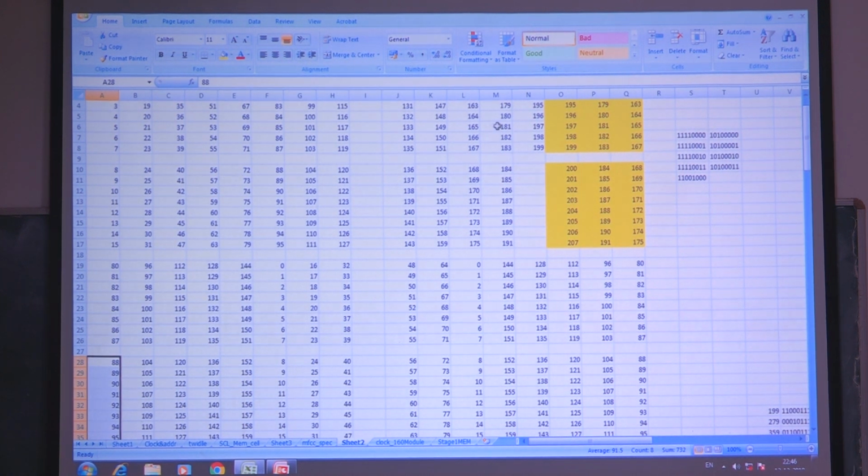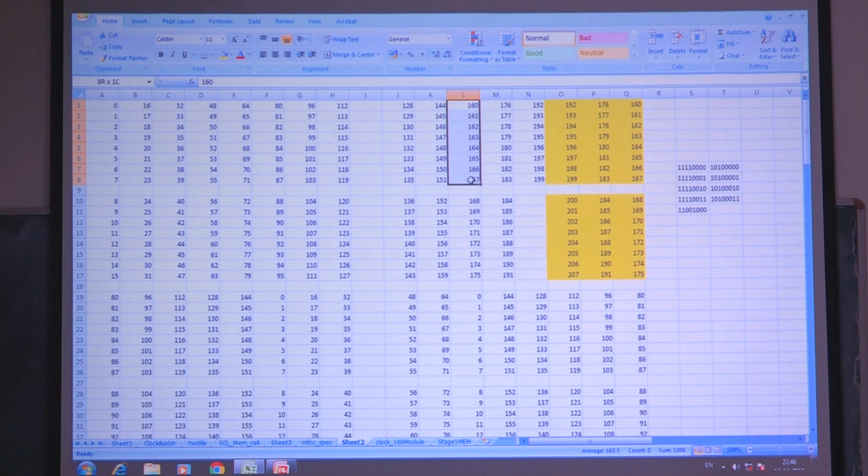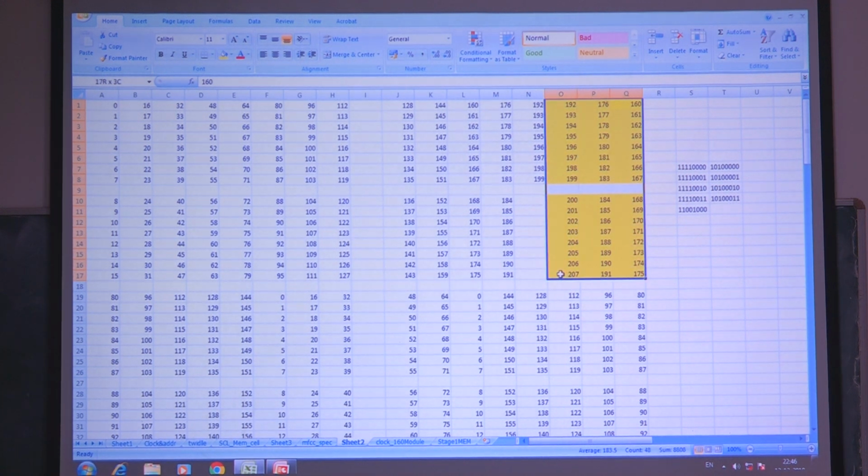Once the 199th sample is finished, the first frame is completed. But before that, the 160th sample is the zeroth sample of the third frame, which was stored in the last column of the odd frame. So from 160, we'll keep on storing the samples.